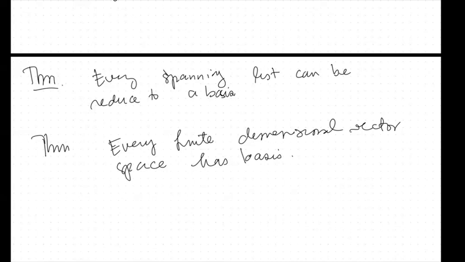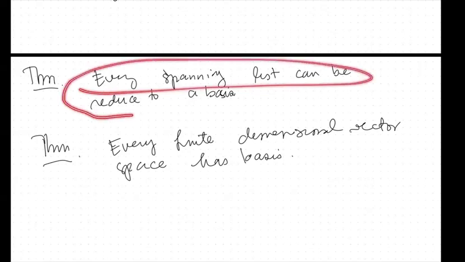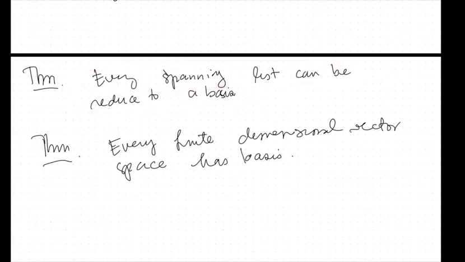The proof is, by definition, if the vector space is finite dimensional, then it is spanned by a list of finite length. And from the previous theorem, every spanning list can be reduced to a basis.